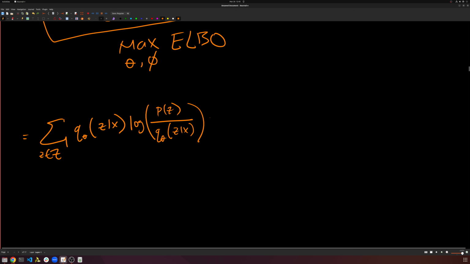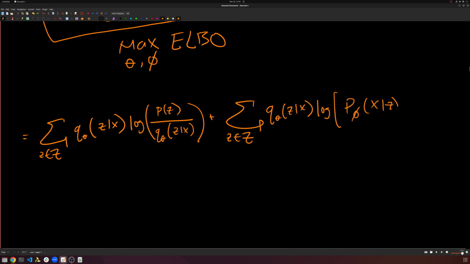So that's the first term, plus. Now the second term, we just have that sum again, z element of Z. Again, just like before, q theta of z given x, and then we'll have our log of p parameterized by phi, because it's our decoder, x given z in this case. So that's our second term.